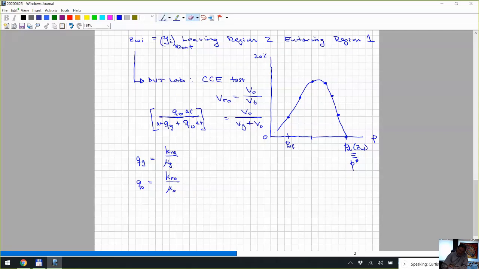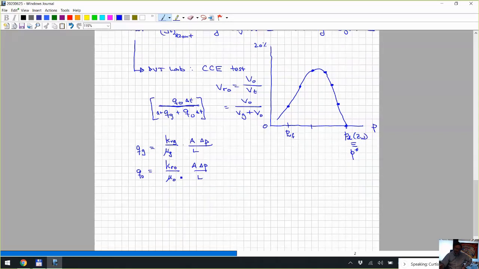And of course, this has got area, length, delta P, to get a volumetric rate. But then this part is going to cancel out from the top and the bottom. Also the absolute permeability should be in here. Like that. Thanks.